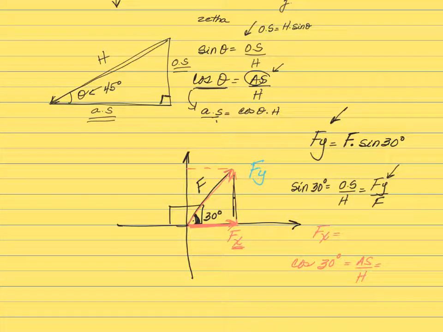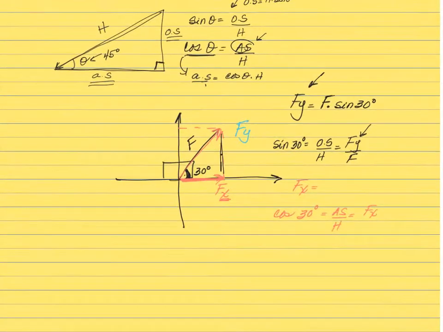But who is the adjacent side? F in x. Who's the hypotenuse? If I want to look for my component of my force in the x-axis, the only thing that I have to do is isolate that.